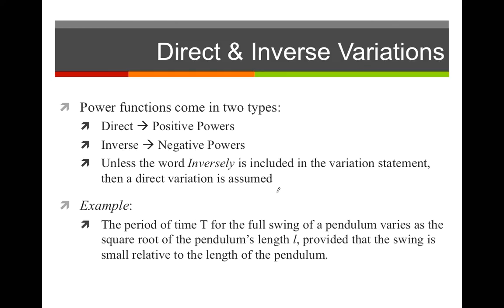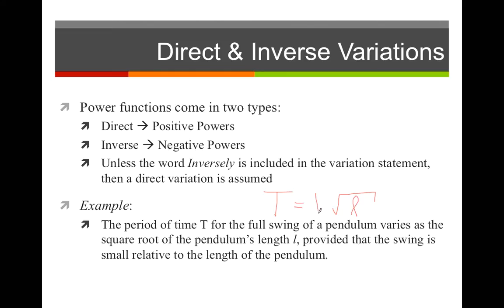So this says T varies as the square root of the length. Okay, so T equals the square root of the length. But what's missing is a constant of variation. And I don't care what letter you use.